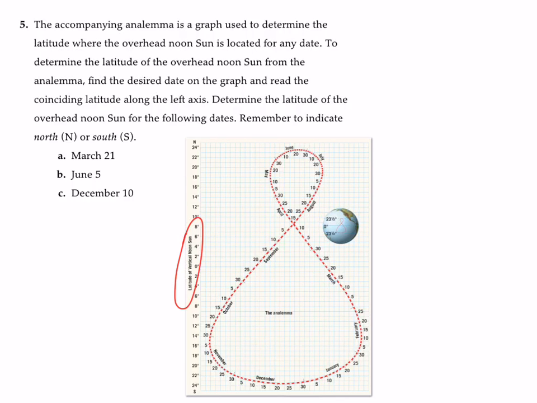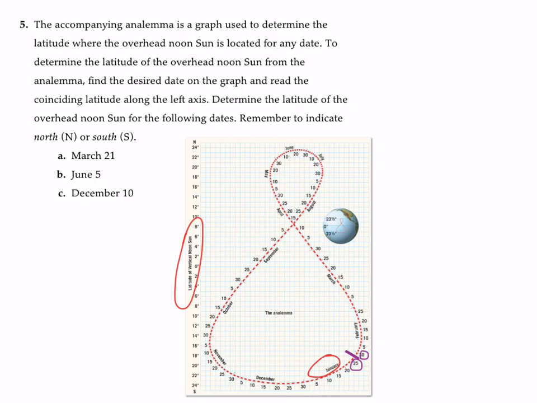So let's pick a date. What's today? January, what's the date? 27th? Okay. So January 27th, let's find January. I see 25 and 30, so somewhere in there would be the 27th.